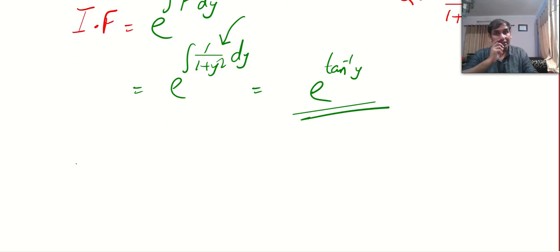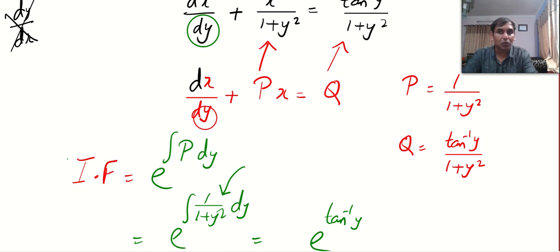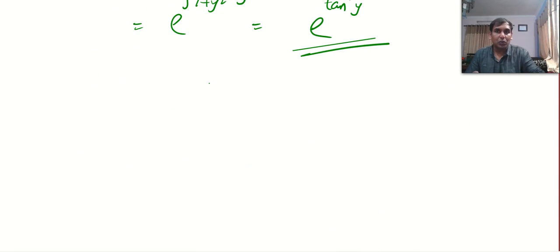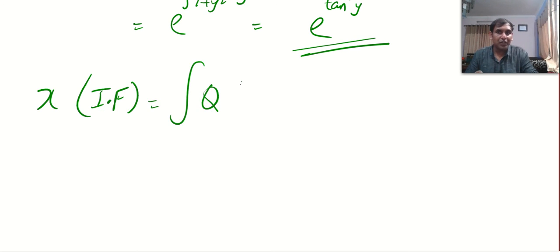Now wait a minute, the solution will be different. The original solution was y into integrating factor, but here can you see, instead of y we have x. So what's the solution? x into integrating factor is equal to integral q into integrating factor dy plus c.